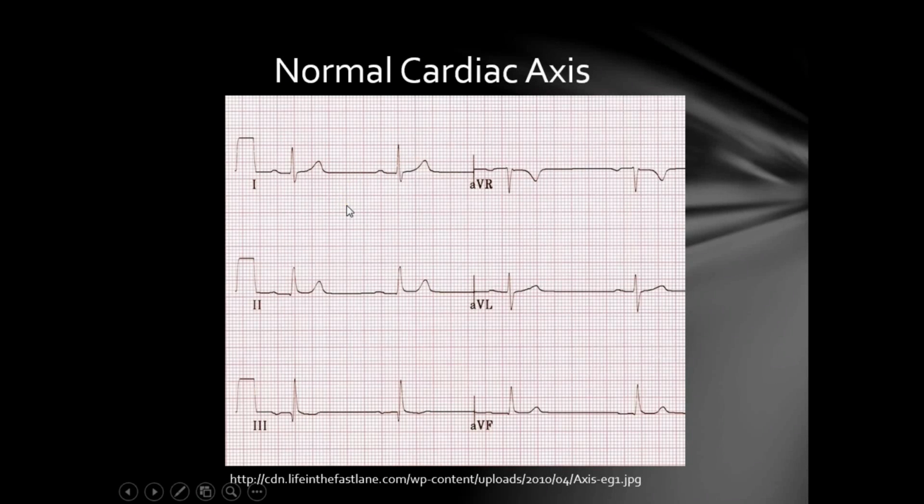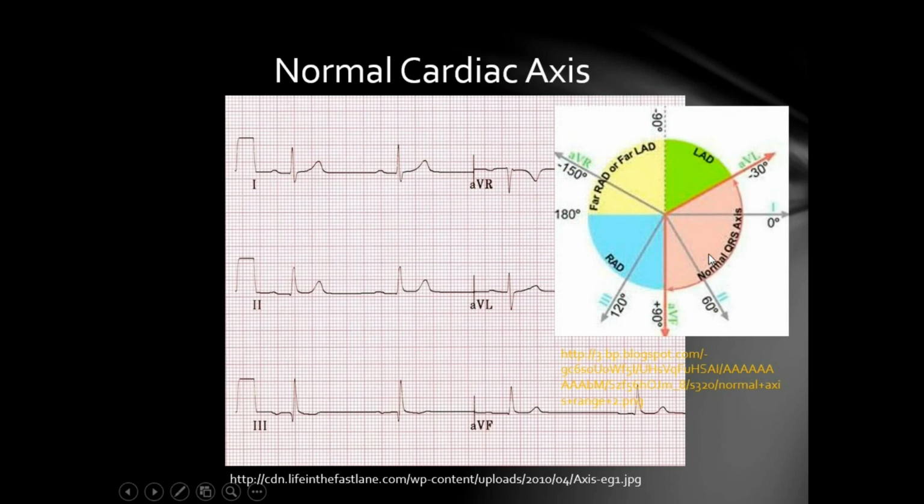So let's pick our first example, a normal cardiac axis. Again, all you need to look at is actually just leads 1, 2, and aVF. You can see here that lead 1 has a positive deflection, lead 2 has a positive deflection, and lead aVF has a positive deflection. Therefore, this is a normal cardiac axis. And you can expect that the cardiac axis is moving downwards and to the left, so towards the left lower quadrant.